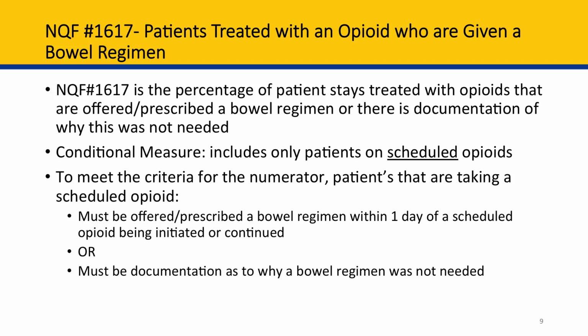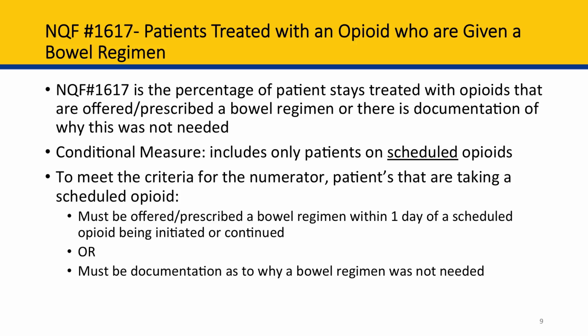The initiation, or lack thereof, of a bowel regimen can neither count for you nor against you for these excluded patients. Again, we go back to the intent of this item and measure, which is exclusively focused on preventing opioid-induced constipation. If the patient is not on a scheduled opioid, their bowel regimen status is irrelevant for this QM, even if you did start one for non-opioid-induced constipation.